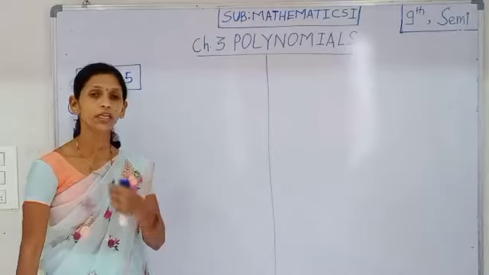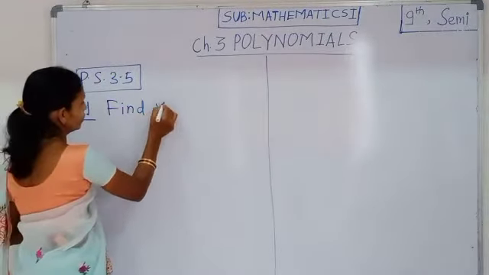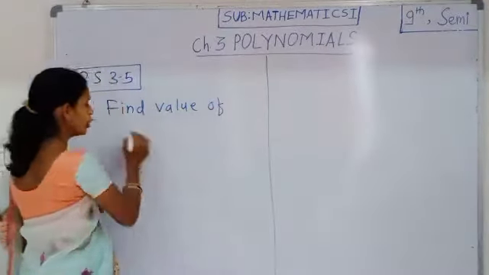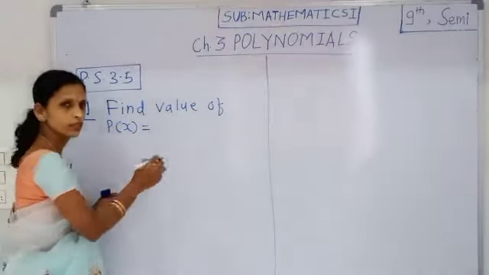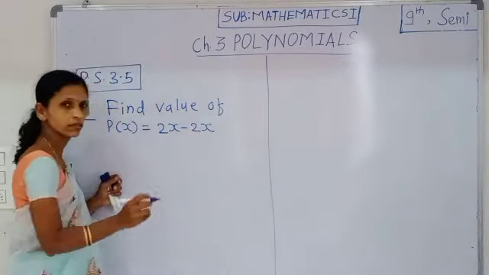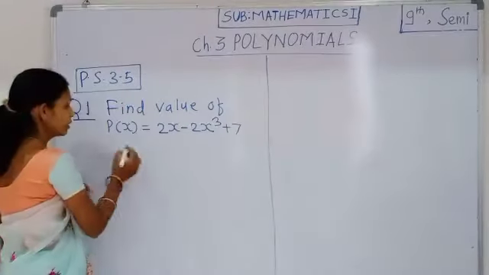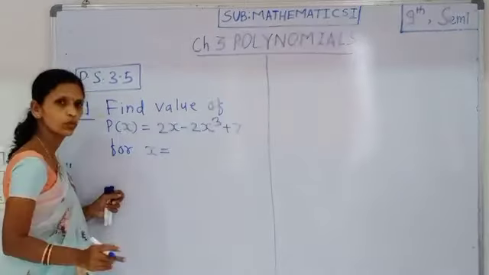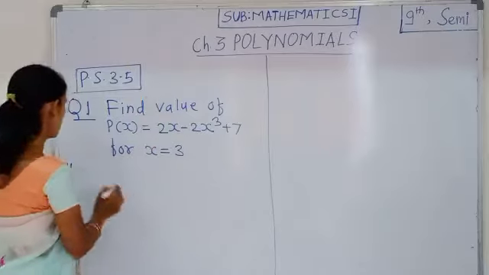Question number 1 says: find the value of the given polynomial. The polynomial given is p(x) = 2x minus 2x cube plus 7, and for x equals 3 we have to find the value of this polynomial.